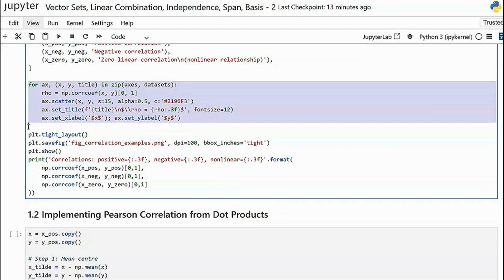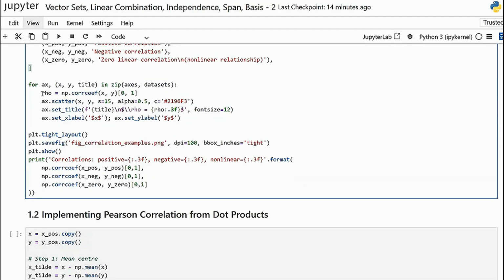Okay, and next we have the looping. We iterate over each subplot and its corresponding data simultaneously. For each data set, we compute the Pearson correlation coefficient using NumPy. The result is extracted from the correlation matrix, and we plot the data in a scatter plot.